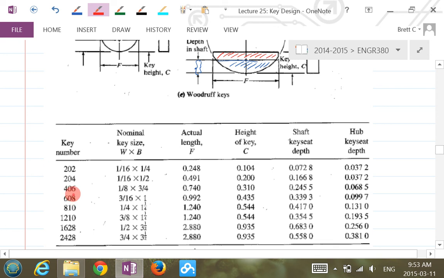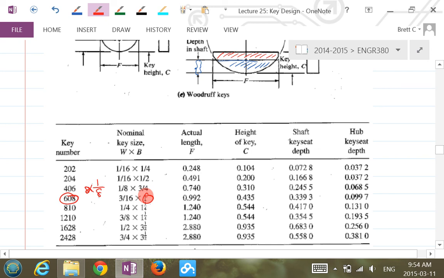What does that mean again? It's an eighth. So 8 times 1/8 gives you 1 inch here.